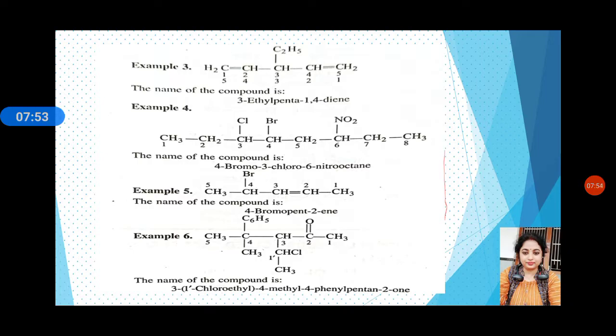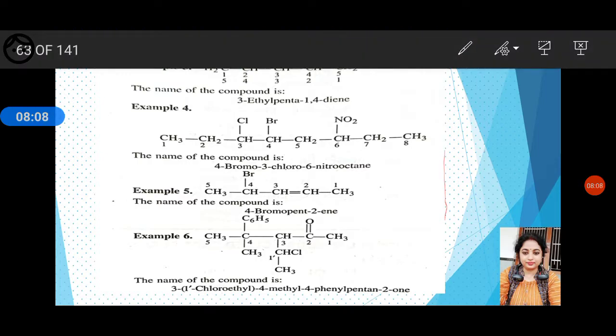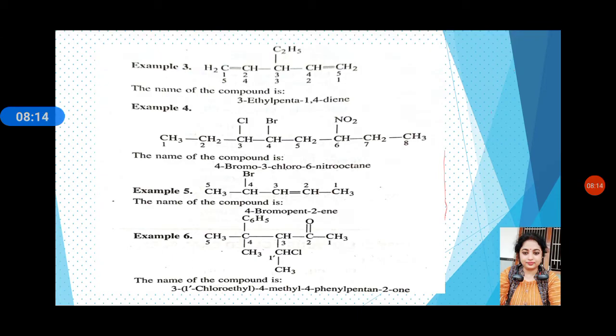First thing, we have to find out the longest and continuous carbon chain. So from every side, even if it is visible to you, you have to check it from every side. On the top 2 carbon, if I go to write 2, 3, 4, 5.